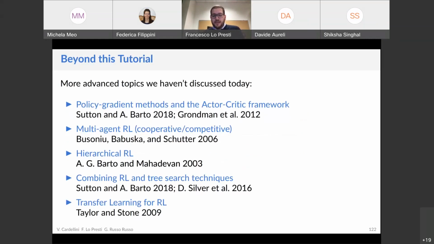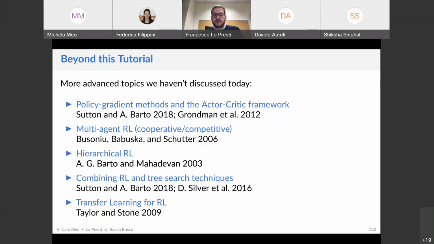What we have seen today in this tutorial is just the most simple material you may find on reinforcement learning, because there are several more advanced topics that we haven't discussed today. I want to point out some of them in case you are interested. For example, value function approximation is not the only approach to deal with state space explosion.